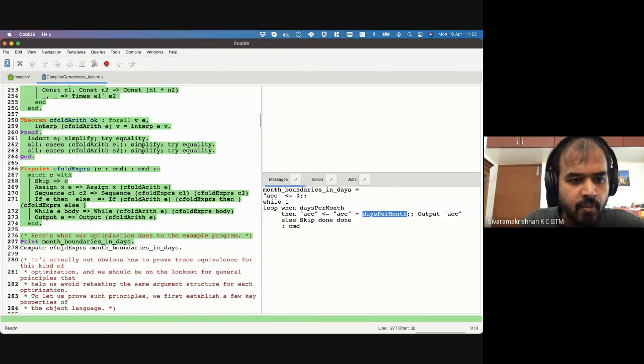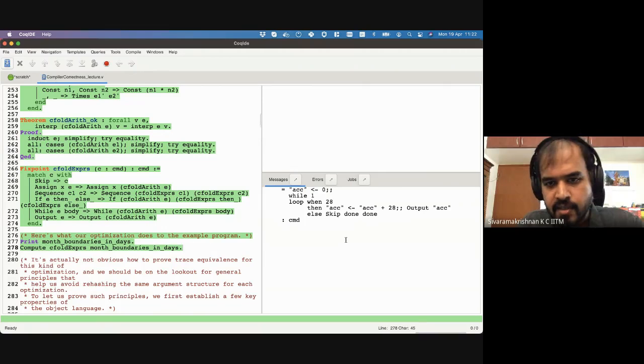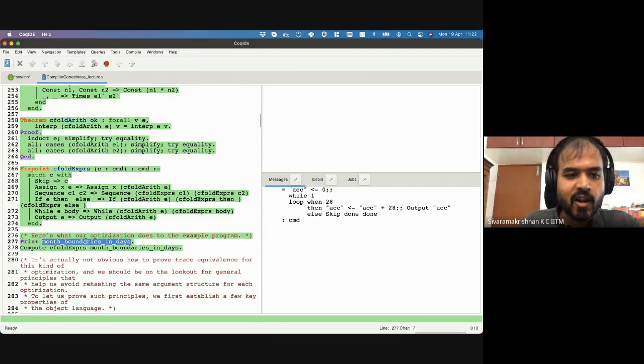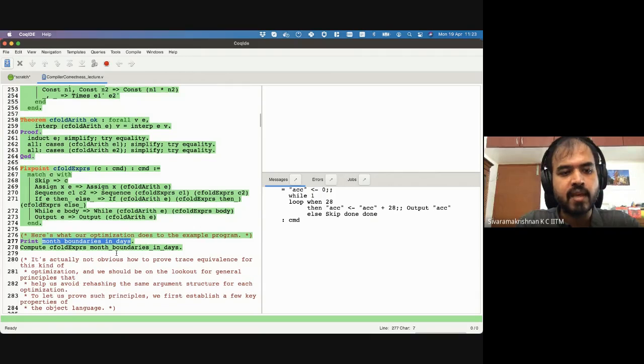When you apply the constant fold on this program and compute the result, what you end up getting is the constant 28. And what we need to prove is that the meaning of this program is equivalent to the meaning of the optimized program. The traces that are produced by these two programs are in fact the same.